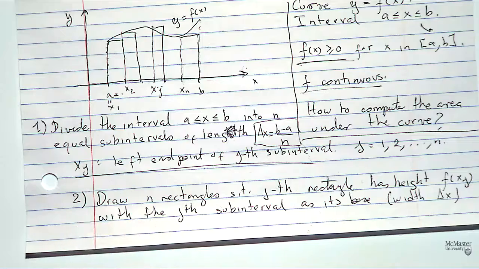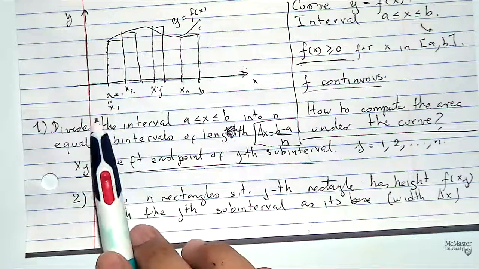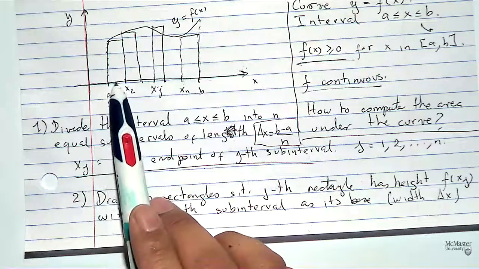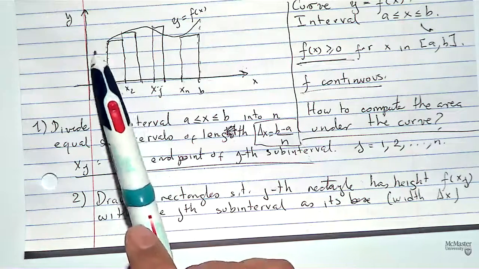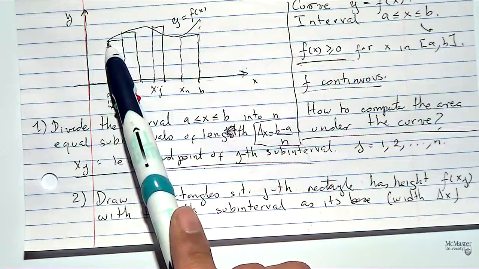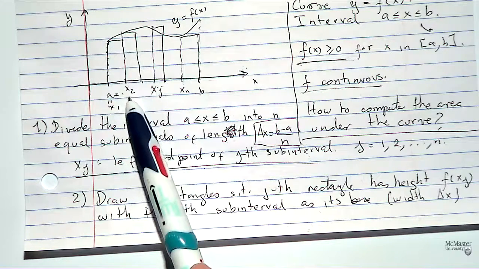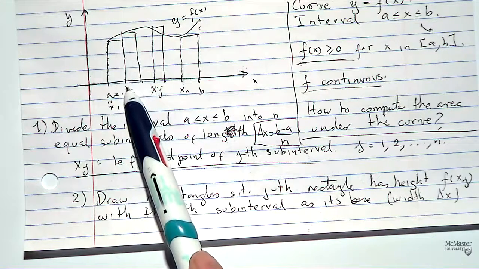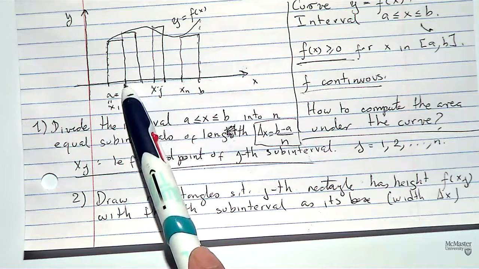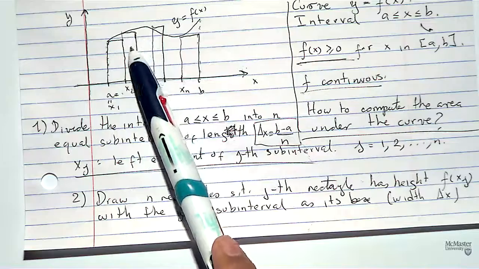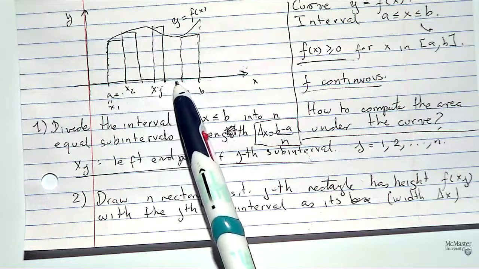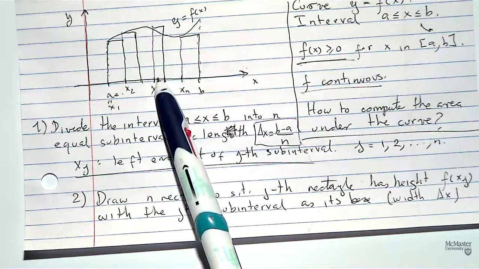But look, I have chosen the points, right? This is the first subinterval. This is the left endpoint, which is x1. I've chosen the height, f of xj, and I have drawn the rectangle. Then I go to the second subinterval. This is the left endpoint. I choose the height, and I take this rectangle. And I do the same with all the others. This is the jth interval.